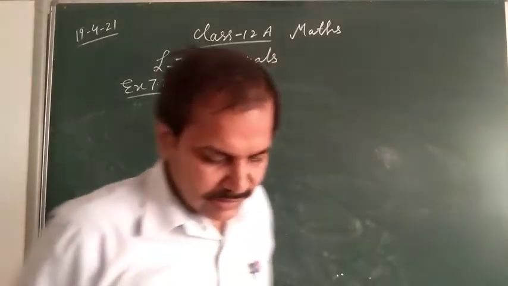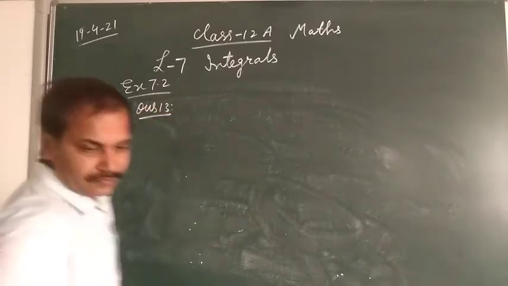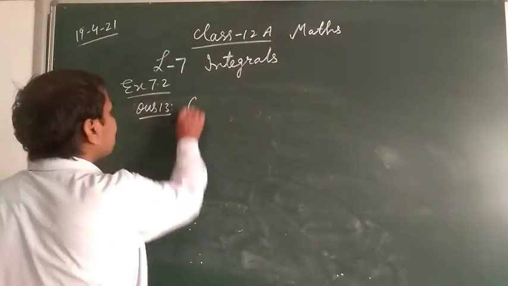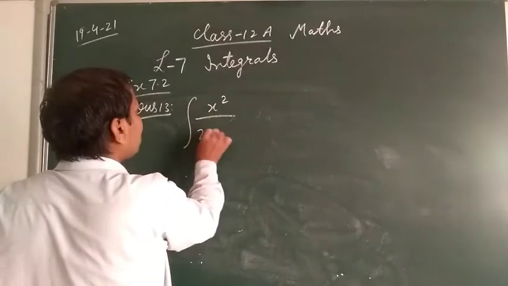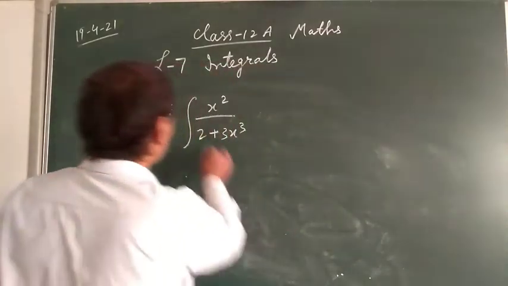Then question number 13: x square upon 2 plus 3x cube, whole to the power.